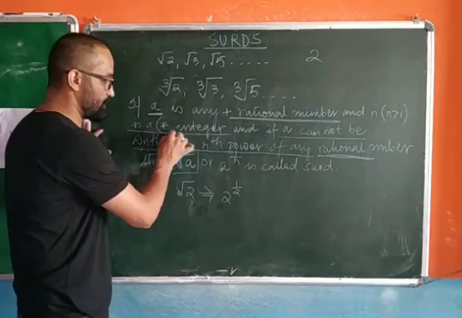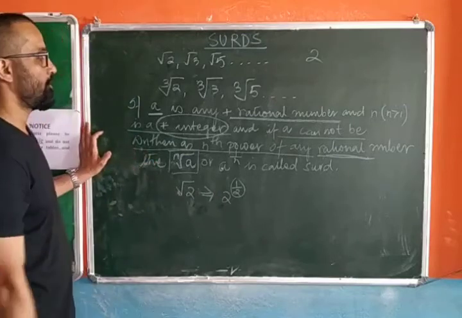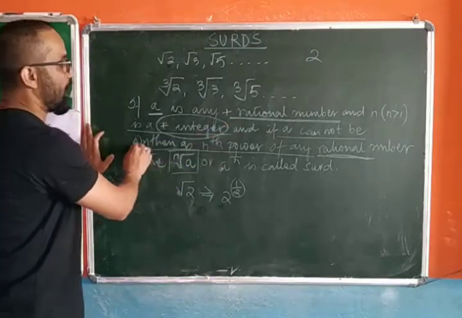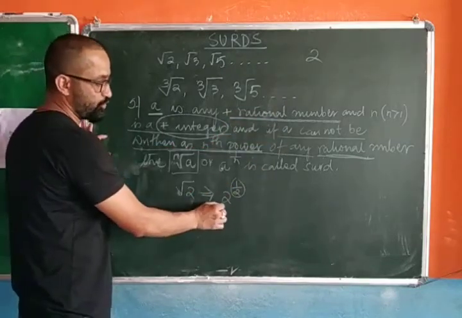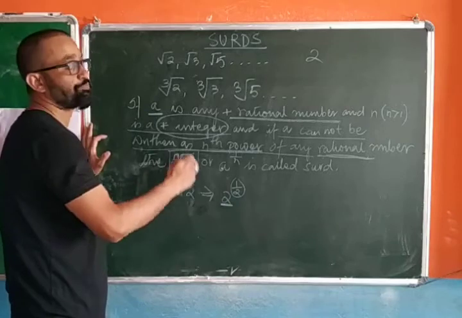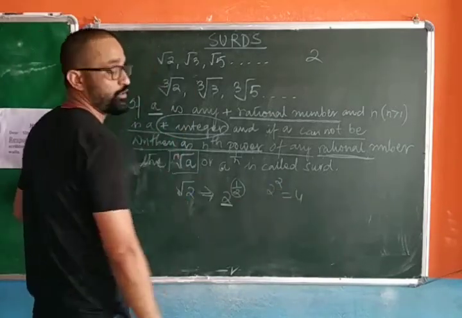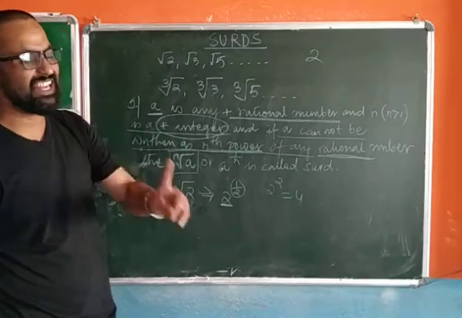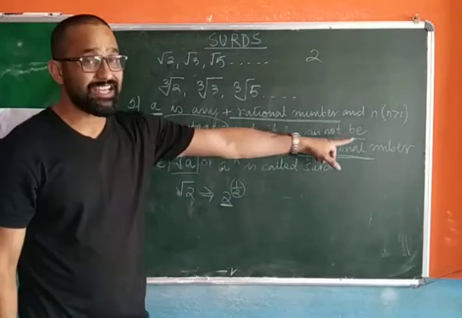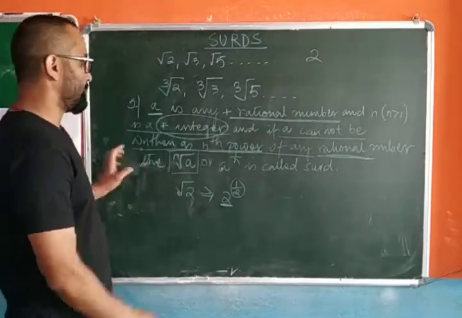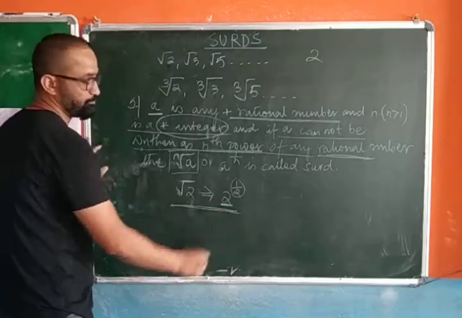Look at this, it is a positive integer here. a cannot be written as the nth power of a rational number. So this 2 cannot be written as 2 to the power of 2. 2 to the power of 2 is 4. It cannot be written as the nth power of any rational number. Then root 2 is considered as a surd.